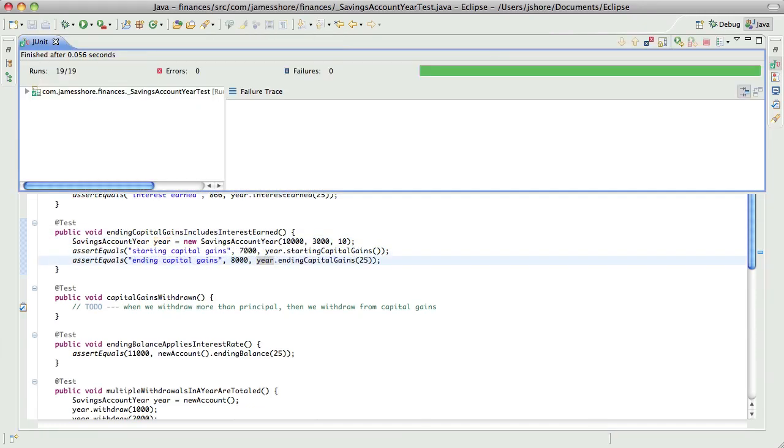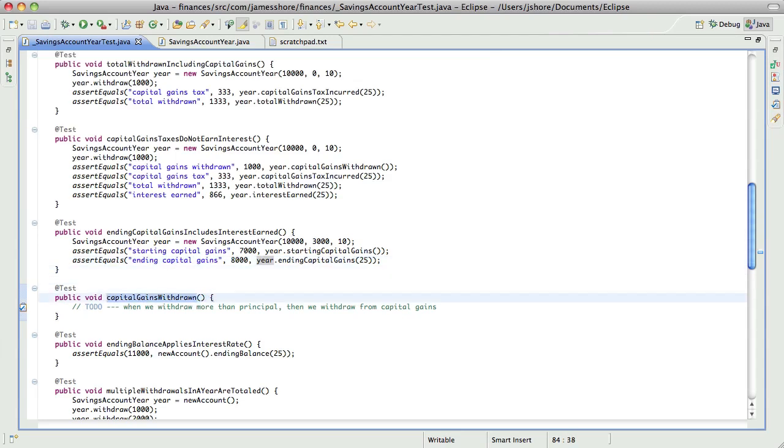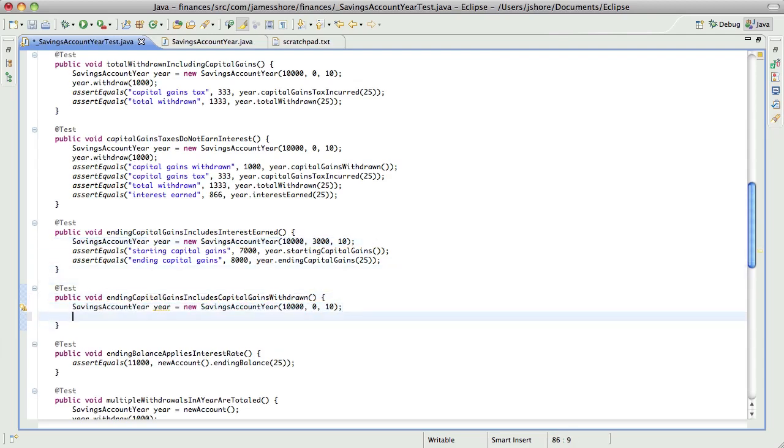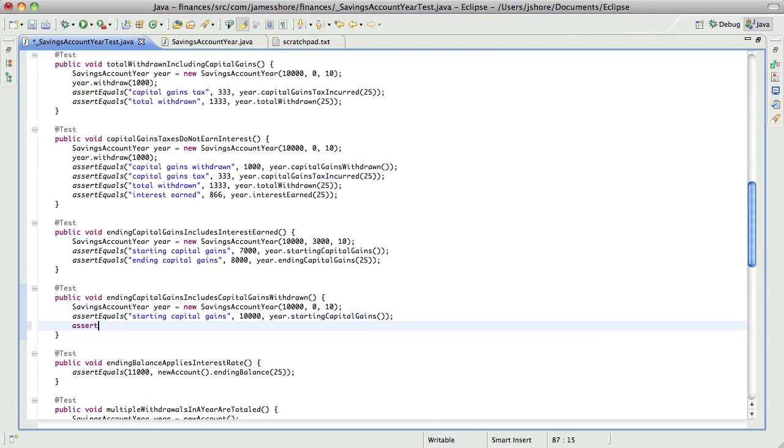All right. Okay, there we go. And let's say that ending capital gains includes capital gains withdrawn. So we start with $10,000 and 0 in principal. Then our starting capital gains should be 10,000, and then withdraw 1,000.